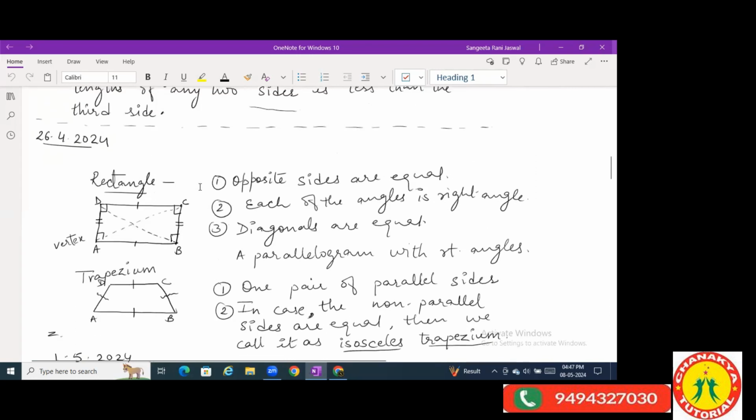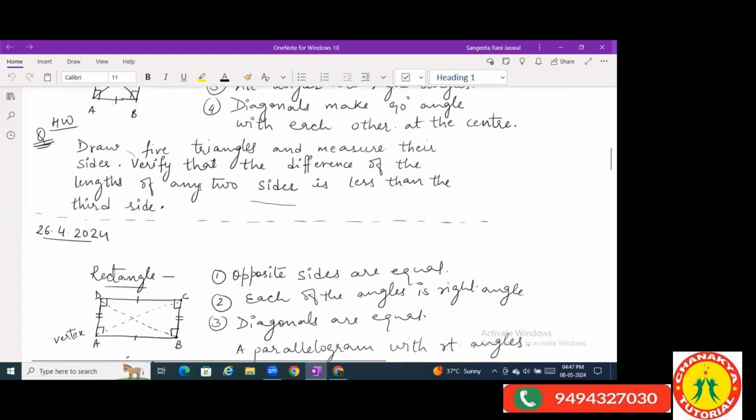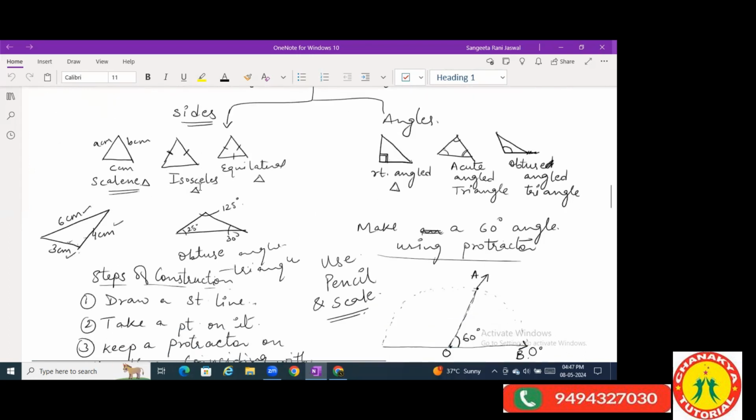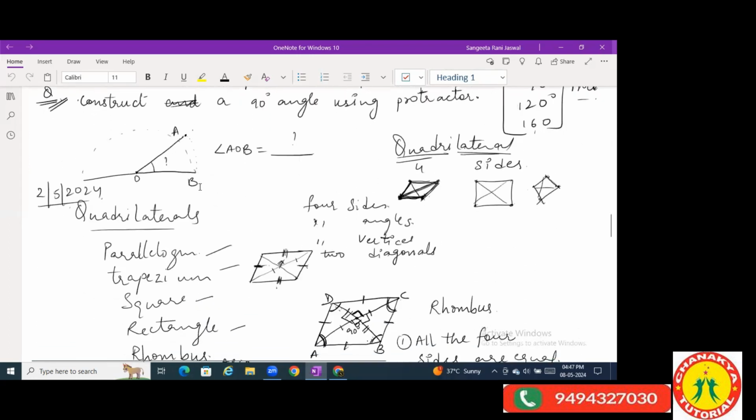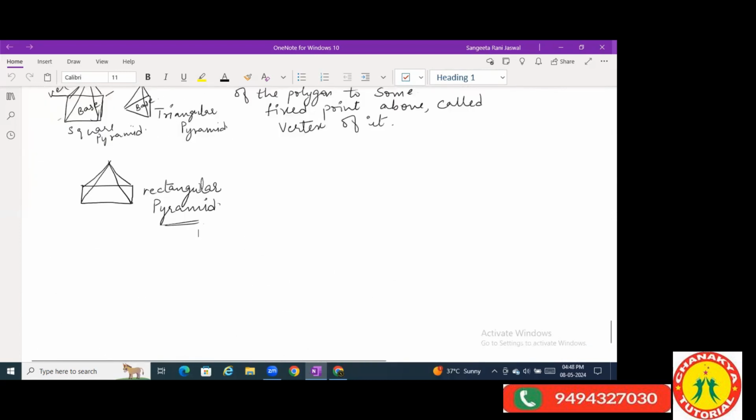We don't do anything much with set squares. I'll just introduce you to that, but otherwise, we don't do anything much with it. Okay?